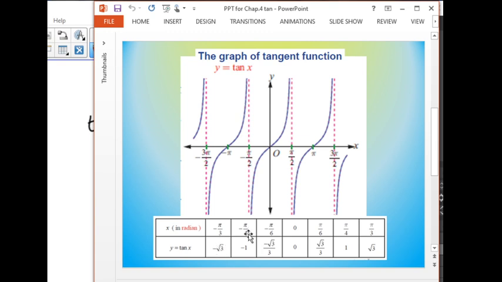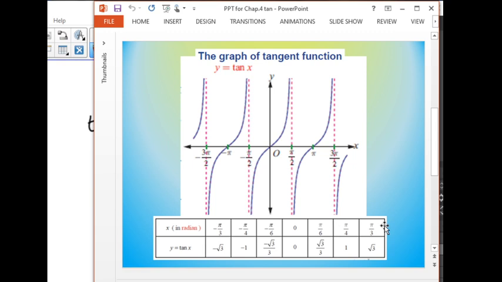Minus pi by 4 is minus 45, tan 45 is 1, so minus 1. Minus pi by 6 is minus 30, so we have minus root 3 by 3, that is, minus 1 by root 3. Then tan 0 is 0. Similarly we have the positive values.